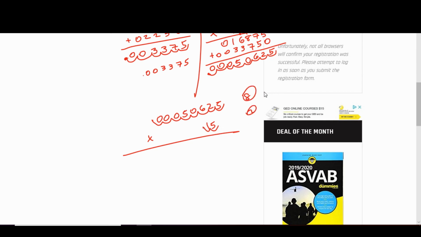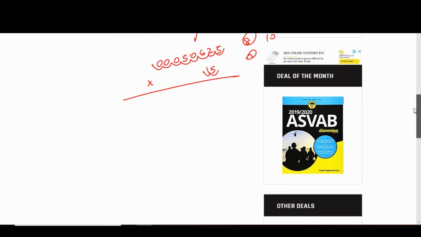So in total, we're going to be shifting 10 decimals. This is going to be 0, 0, 0, 5, 0, 6, 2, 5, and 15, albeit with 10 decimals to shift back in. 5 times 5 is 25.